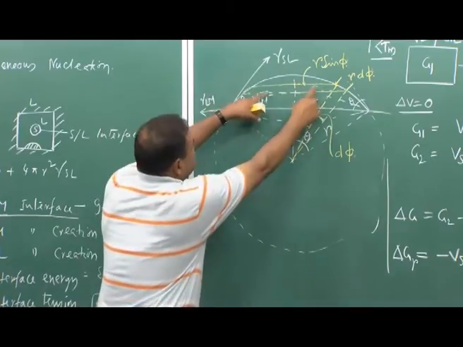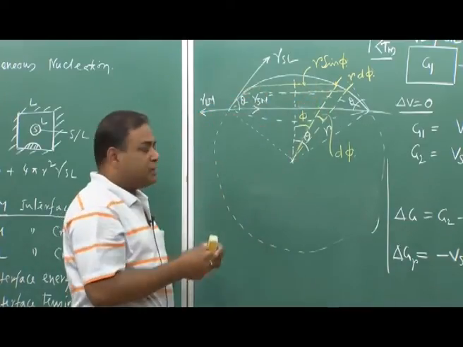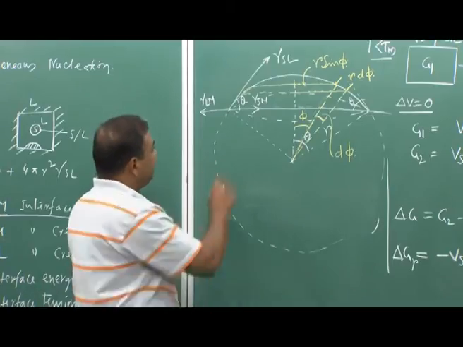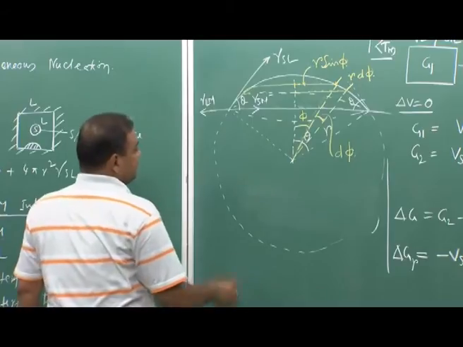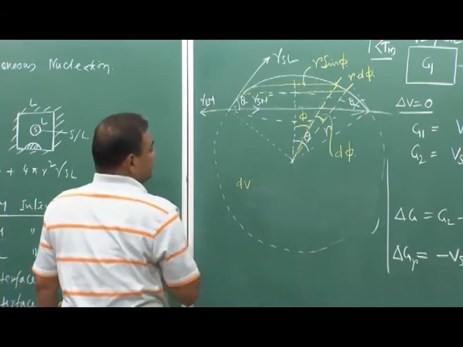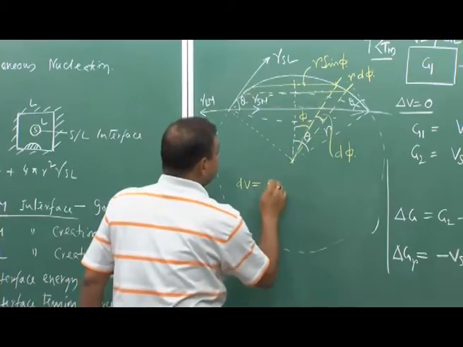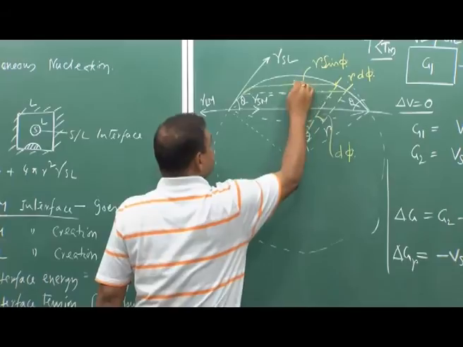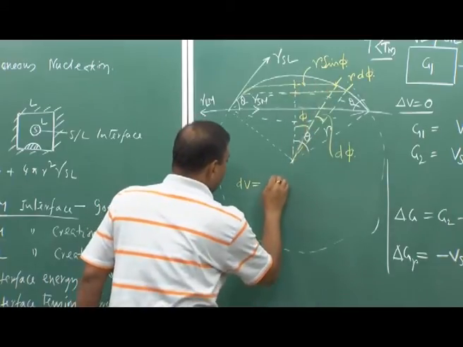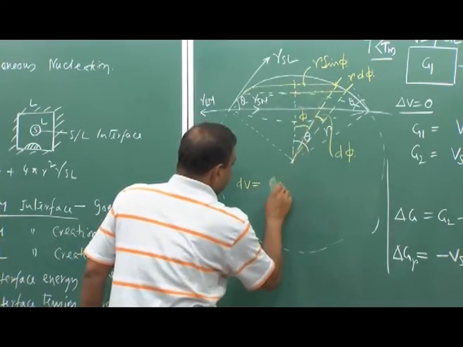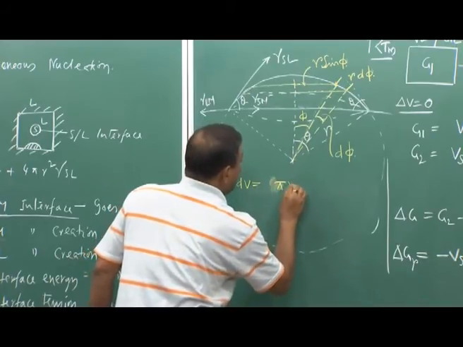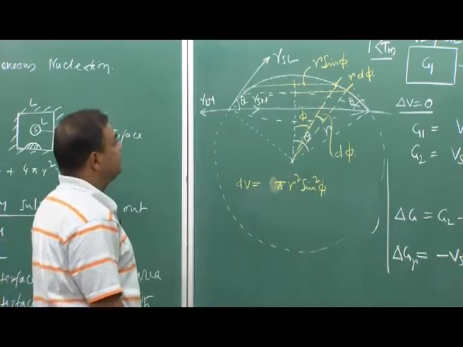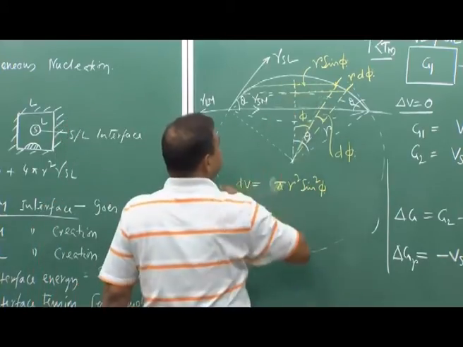So, if we can assume it to be a cylinder, a small disc, the volume of the disc would be pi times the radius squared times the height, and this becomes my radius. So, pi r square sin square phi, and this height if I try to find.